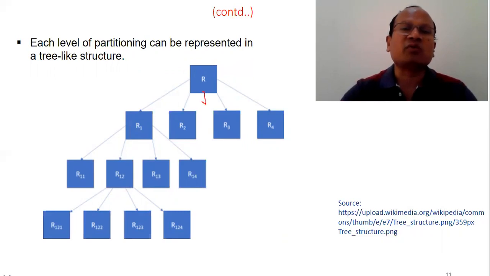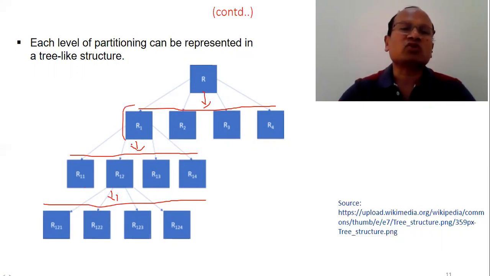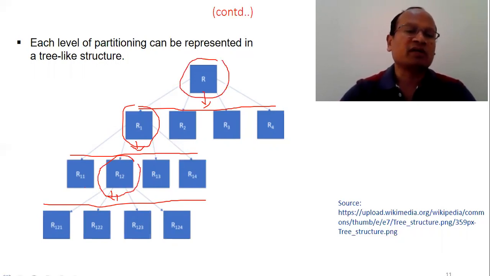So this is divided into 4 parts, and then this R1 is divided into these 4 parts, right? And then further R12, yes, R12 has been divided again into 4 parts. So R1 is divided into 4 parts here, R12 has been divided into 4 parts, and initially R is divided into 4 parts.